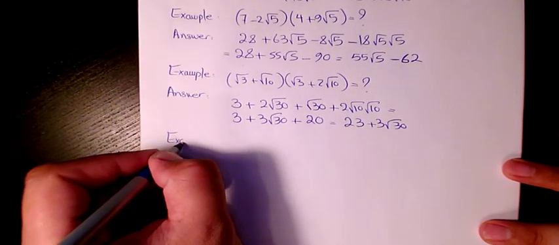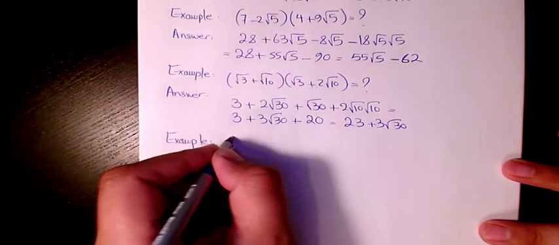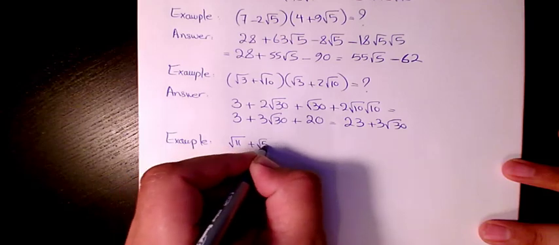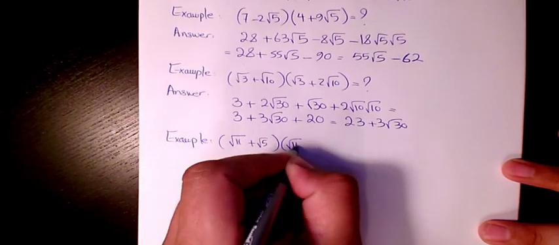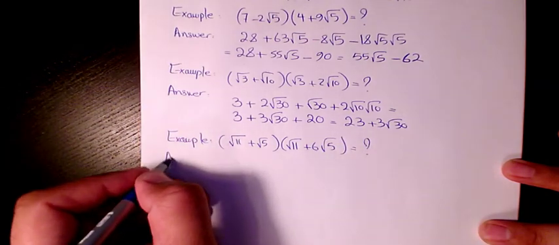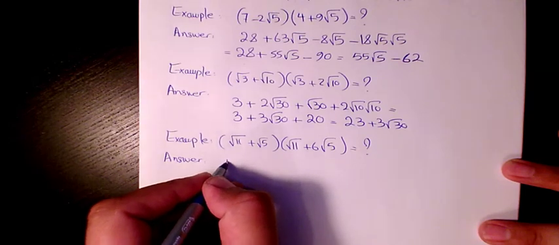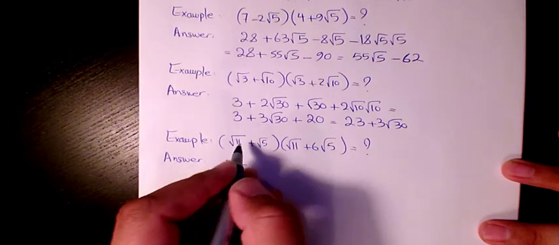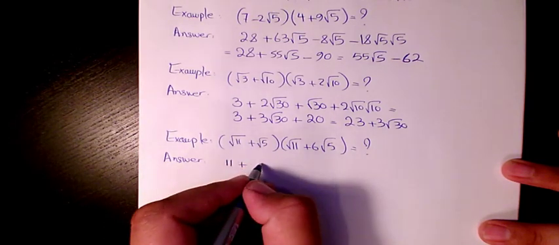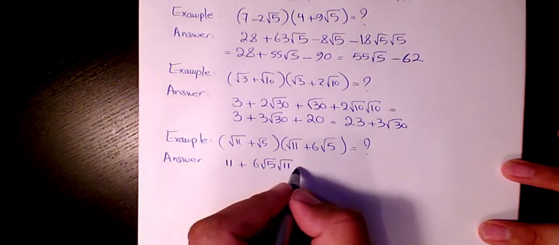Next example. We have root 11 plus root 5 times root 11 plus 6 root 5. Answer is root 11 times root 11 is going to be 11. Root 11 times 6 root 5 is going to be 6 root 55.